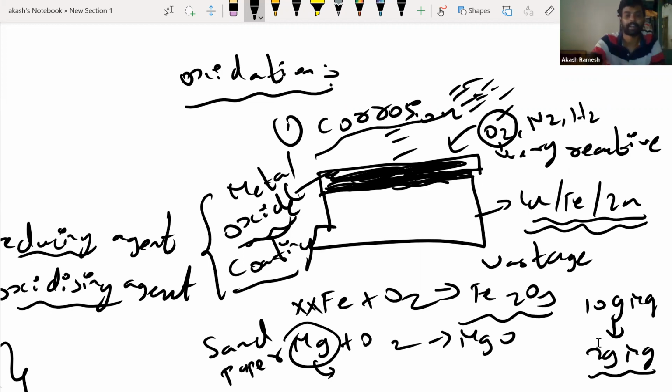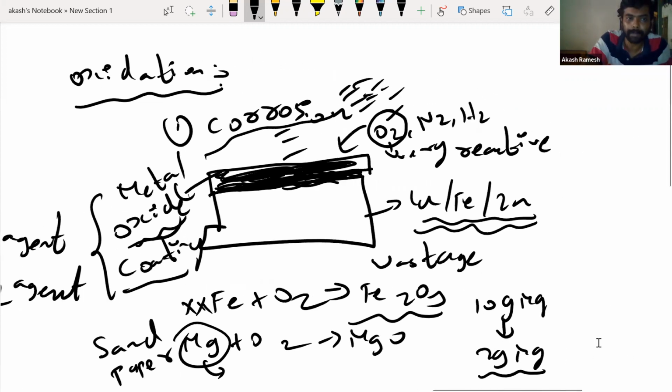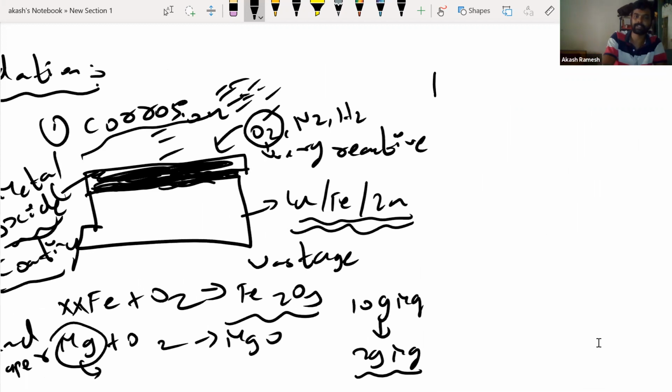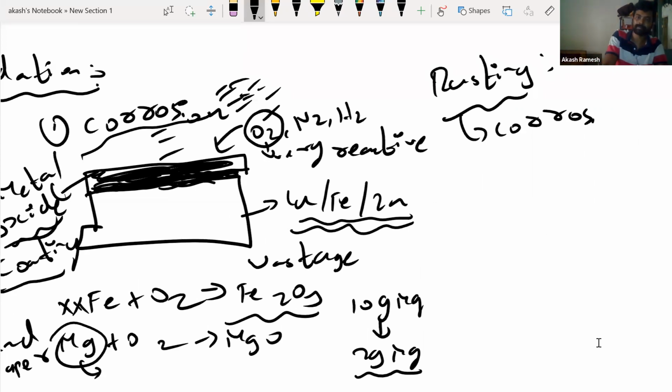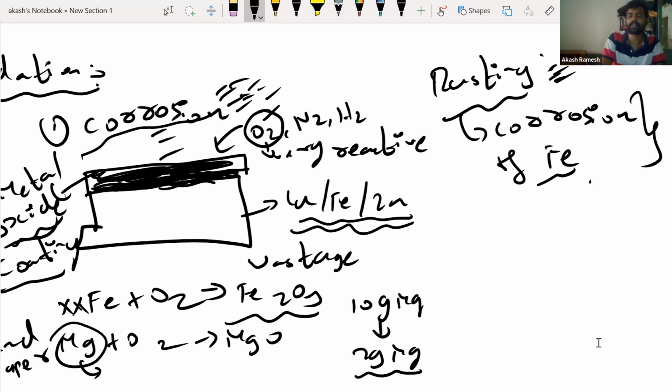Now, a specific type of corrosion is what is called rusting, right? Rusting is basically corrosion only, but we speak only for iron. Corrosion of iron is what is called rusting. Very simple. So if someone asks you what is rusting, tell them that it is nothing but corrosion of iron.